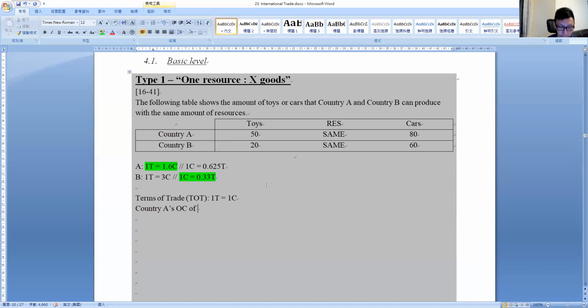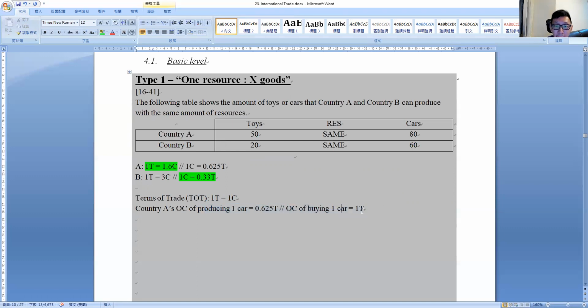The opportunity cost of producing one car: how many toys do they give up to make one car? Remember that will be 0.625T. Now the opportunity cost of buying one car: according to our terms of trade, to buy one car you need to pay 1T. Do you see that?